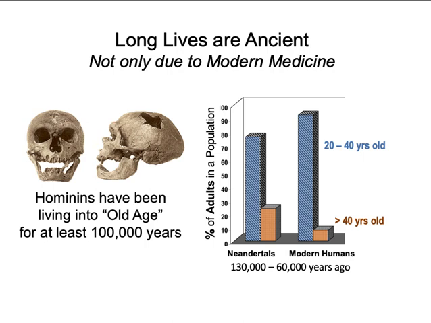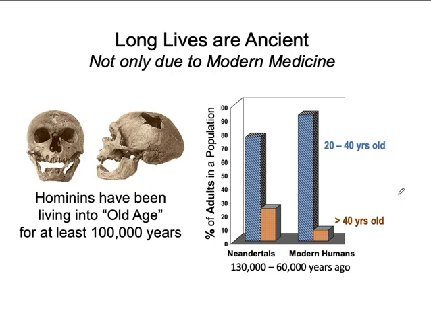And so this image shows the percent of adults in a population between certain ages, right? Between 20 to 40 years old in blue here, and older than 40 years old here. And so a small percent of individuals among Neanderthals and early modern humans live to be greater than 40 years old, right?